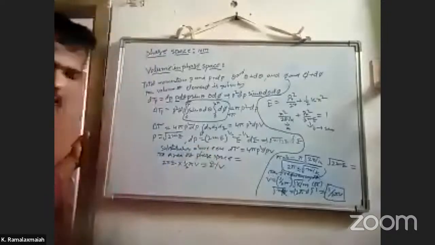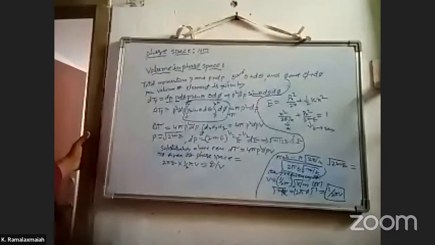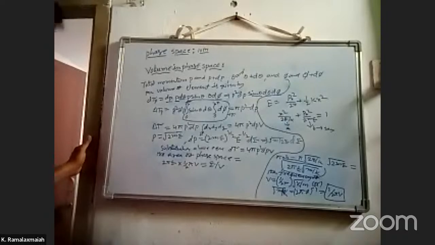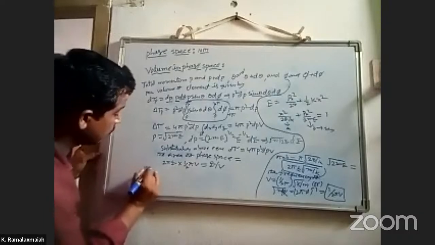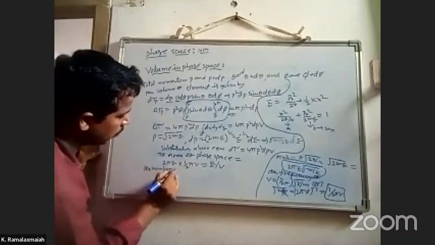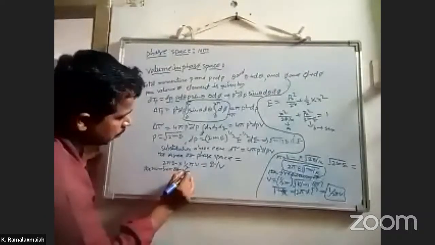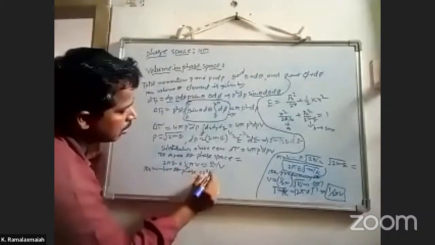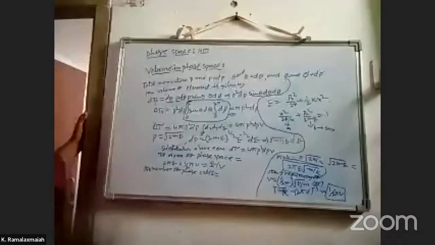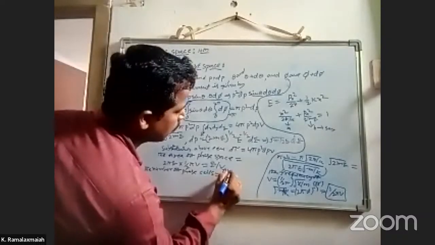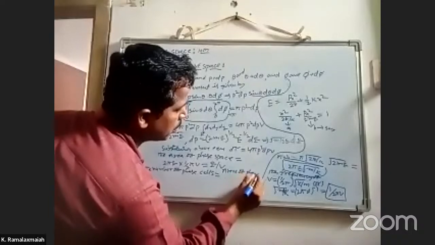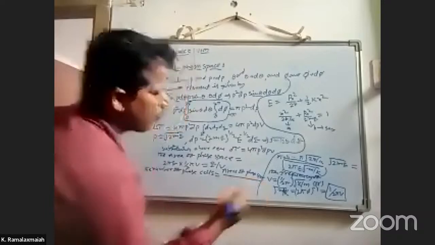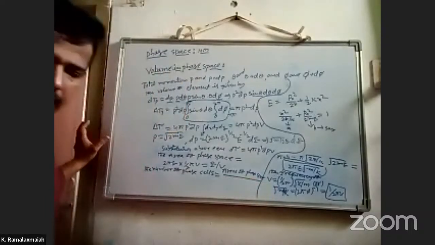The total number of phase cells is equal to the area of phase space divided by the area of a phase cell.